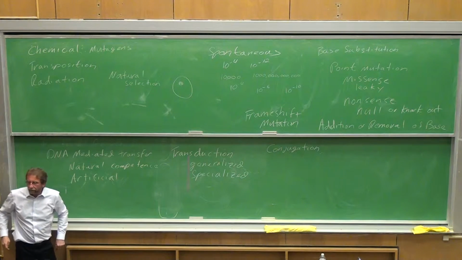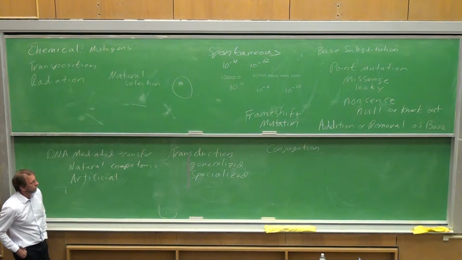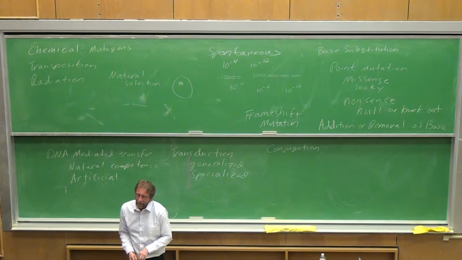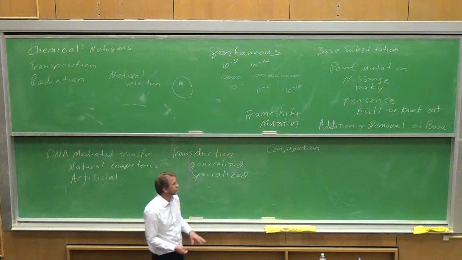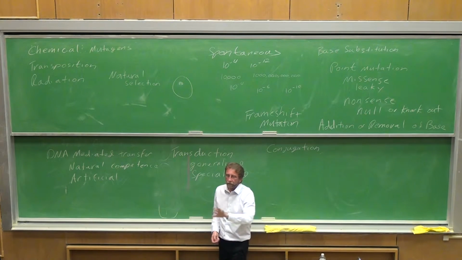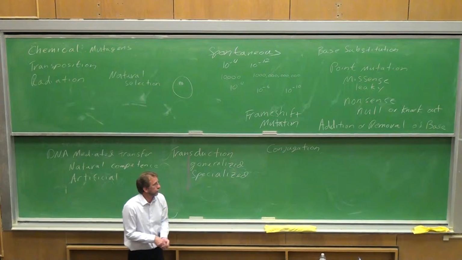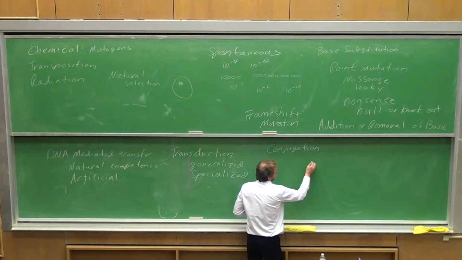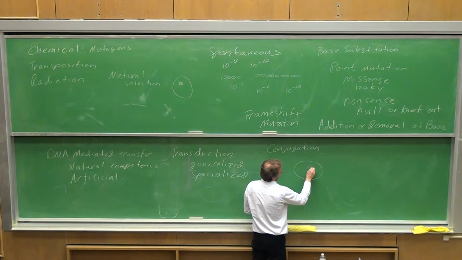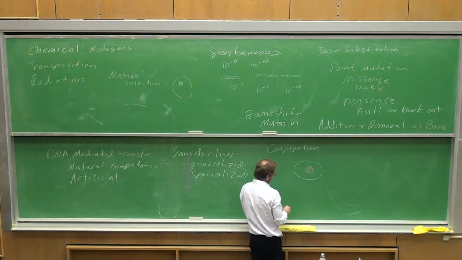Last type of gene transfer we're going to talk about, conjugation. Conjugation is what happens when bacteria transfer genetic material from one cell to another cell. And it's really as close as we're going to get to bacterial sex. Basically, you have one cell. There's its genetic material.